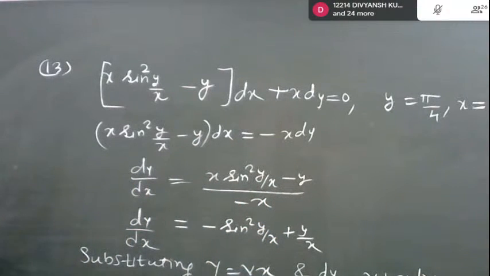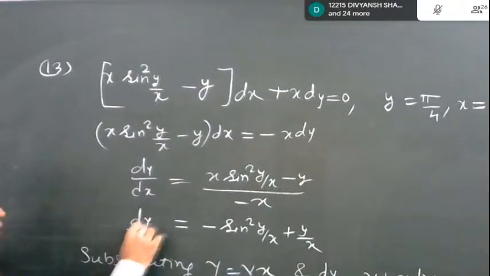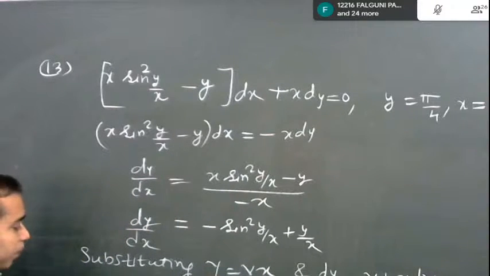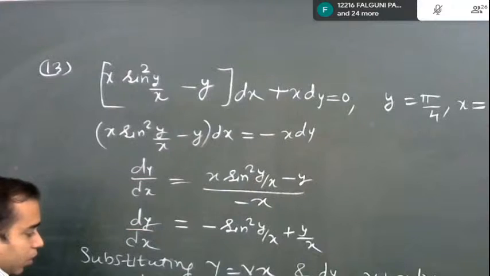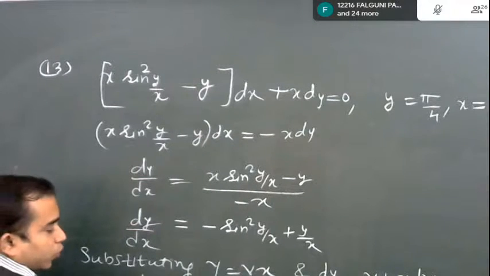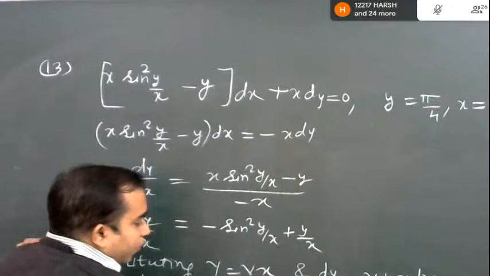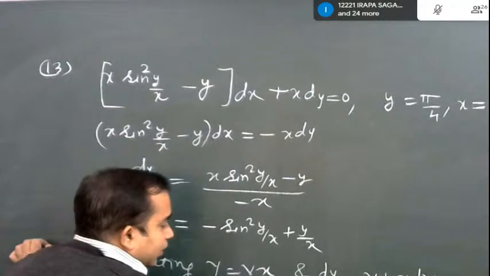Okay. So, let us substitute. Dy upon dx will be removed, and in place of this v plus x dv upon dx will come equals to minus sin square, and y upon x is nothing but v, plus y upon x is nothing but v.